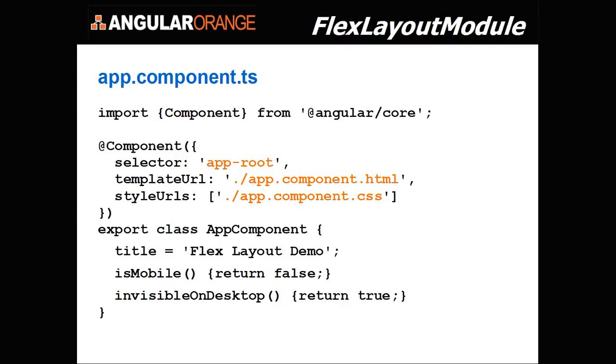And then if I open up my window and go to a desktop view, I might return isInvisibleOnDesktop, and I might use that true value to actually hide something. So there are different functions you can put in your component, and based on the responsiveness within the Flex Layout module directives, you can pretty much hide things or show things or reorient things.